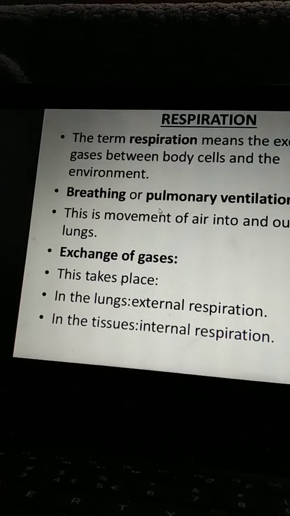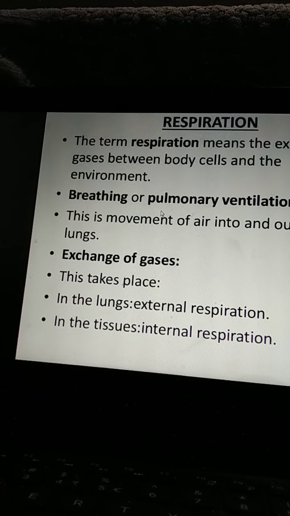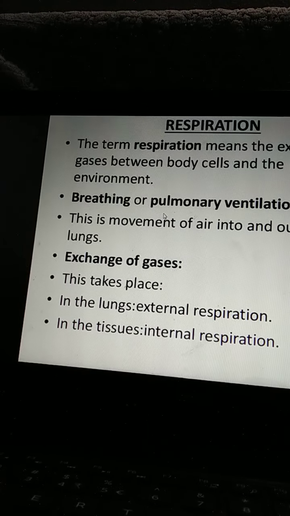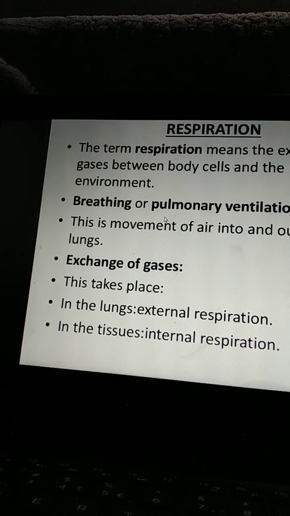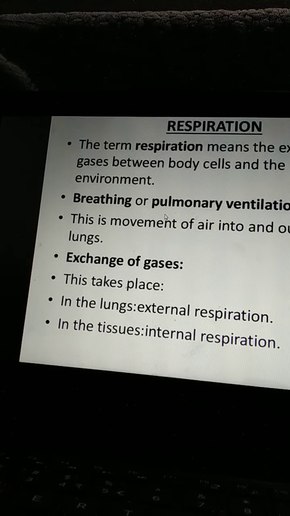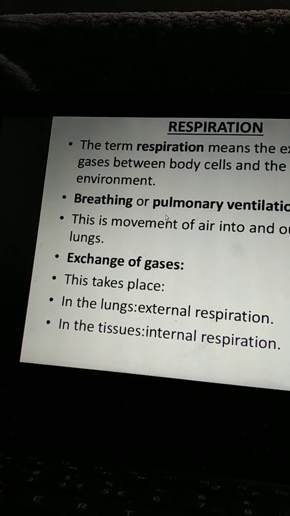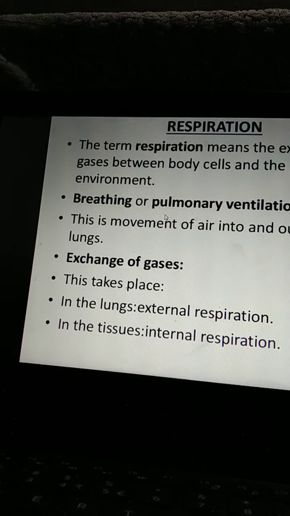All these are the functions of your lungs. Then coming to respiration, mechanical ventilation, how we can promote it, and the mechanism of respiration we will discuss in the next class.